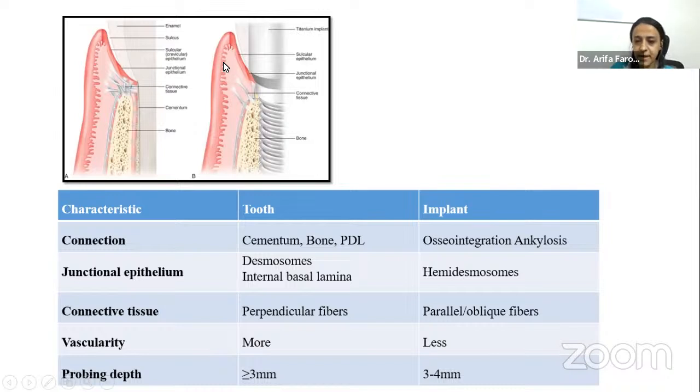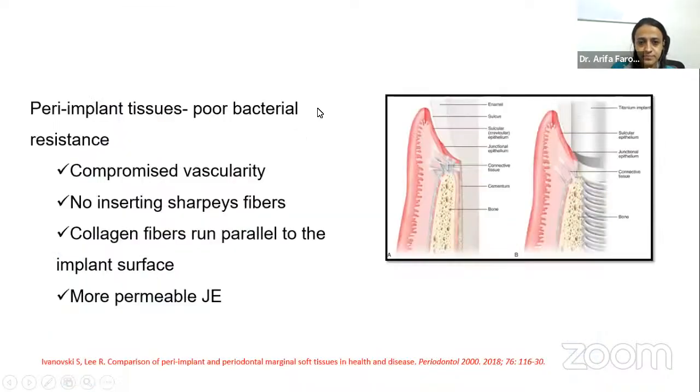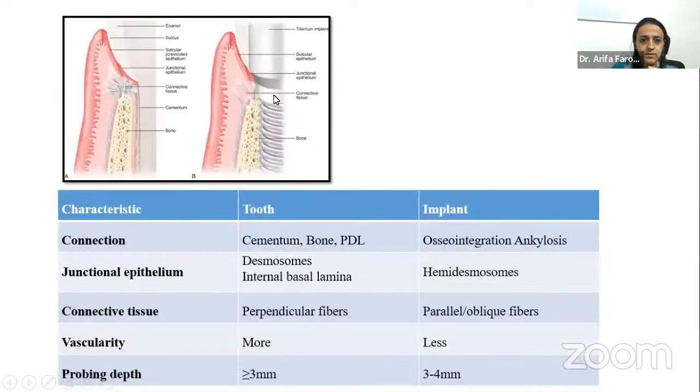If we compare it with the normal tooth structure, there is our attached gingiva, then the mucogingival junction, followed by the alveolar mucosa. The most coronal portion of this keratinized gingiva continues with the sulcular epithelium, which is usually non-keratinized and faces the abutment portion of the implant.